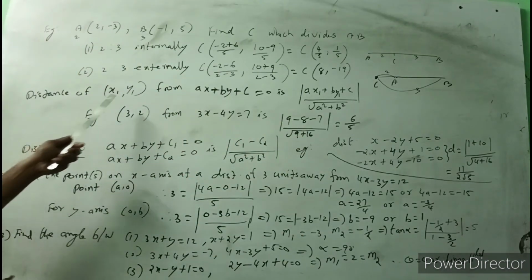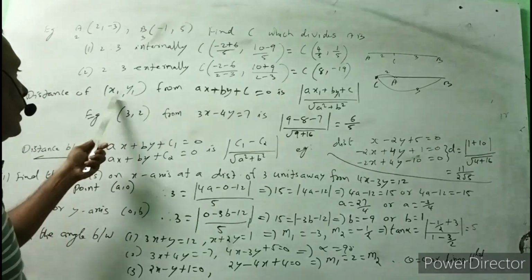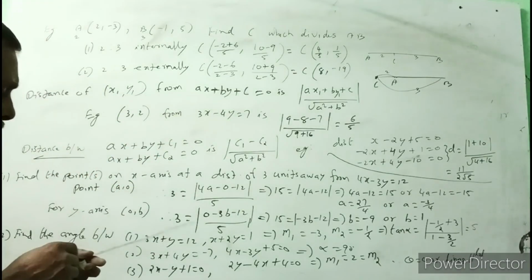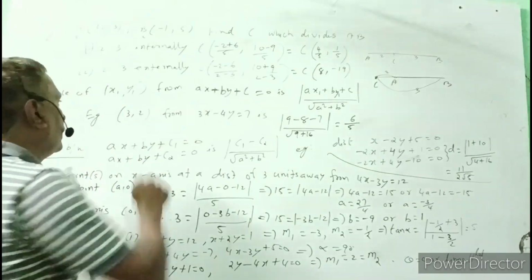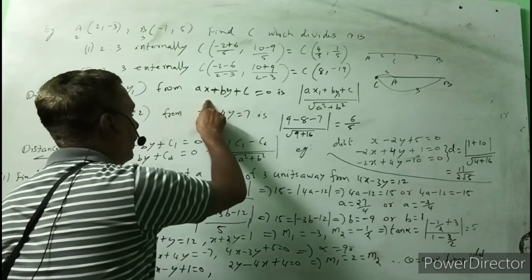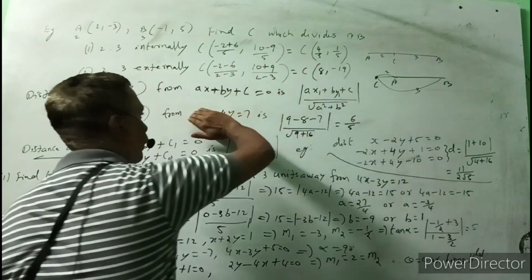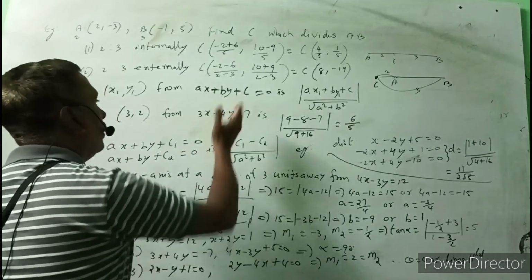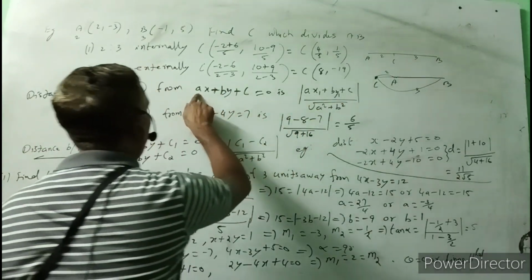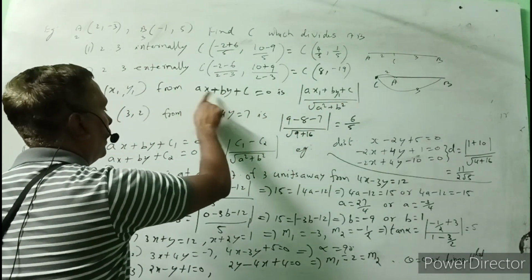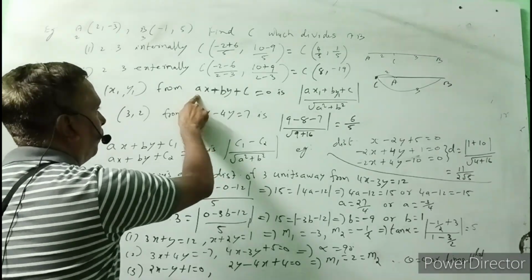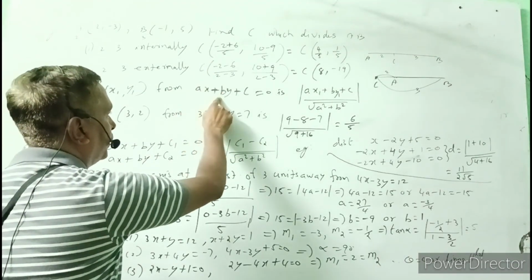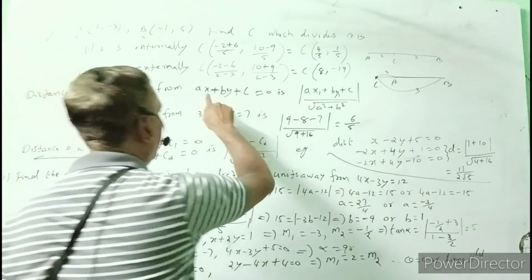Now how can you find out the perpendicular distance from a point to a line? Very simple, that point you directly substitute on the line, then constant you keep it always in the left hand side, means right hand side always must be 0. Then divide the result by the square root of coefficient of x square plus coefficient of y square, that is written here.